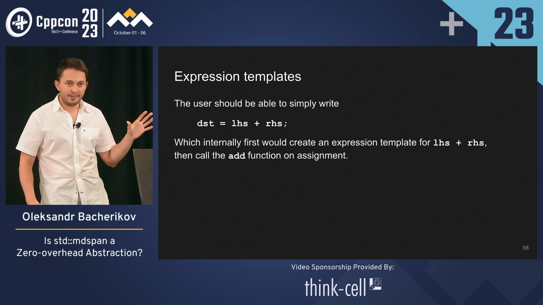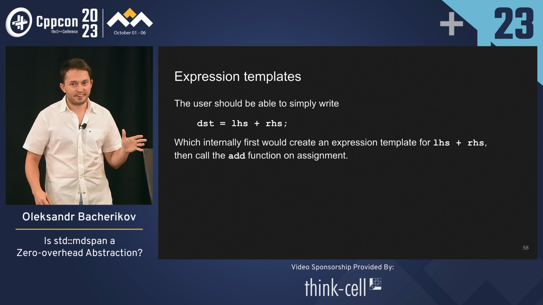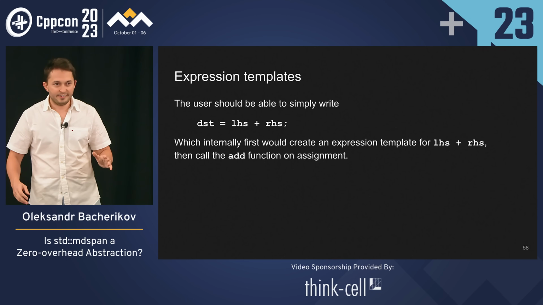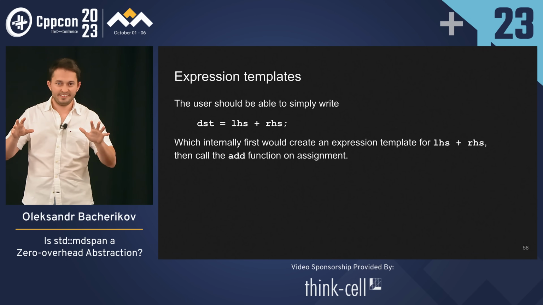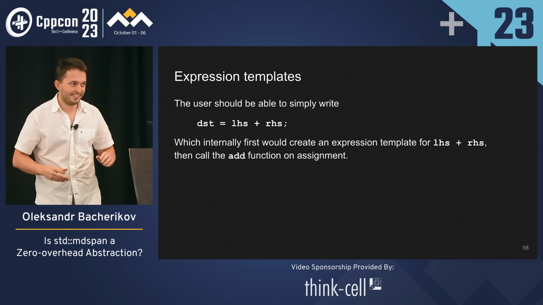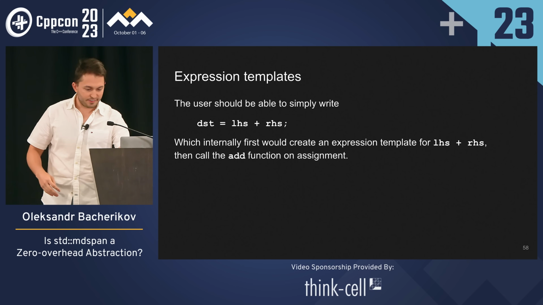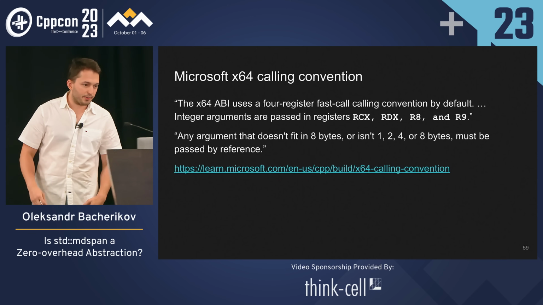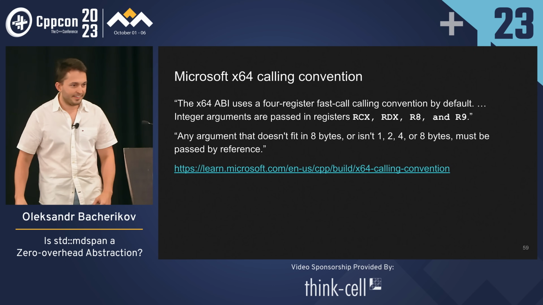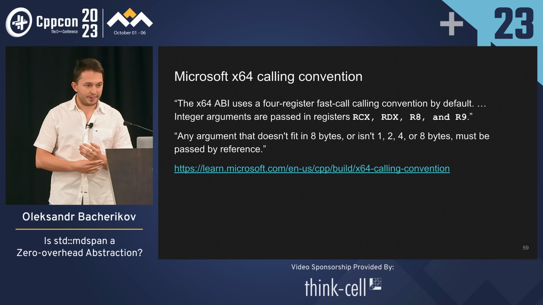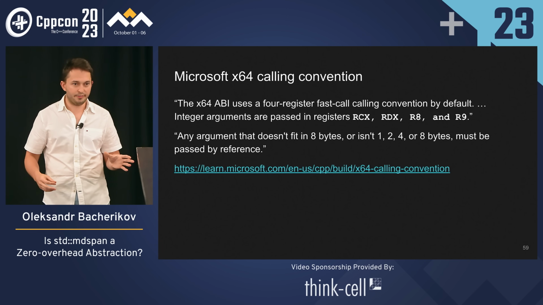To make mdspan compile, I had to fix several internal compiler errors, which just tell you, OK, try to somehow modify your code around this line and hope that it will work. OK, but even after dealing with this, well, of course, Microsoft has a different calling convention. And their x64 ABI uses a 4-register fast calling convention by default.